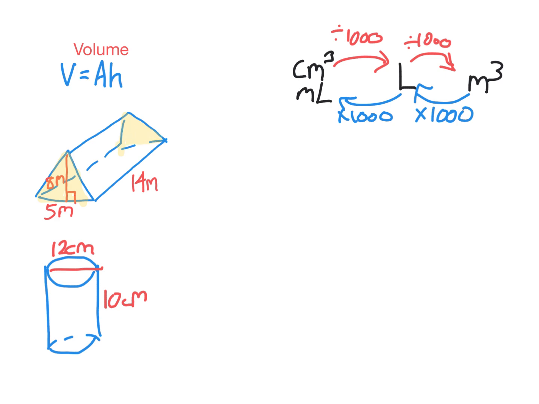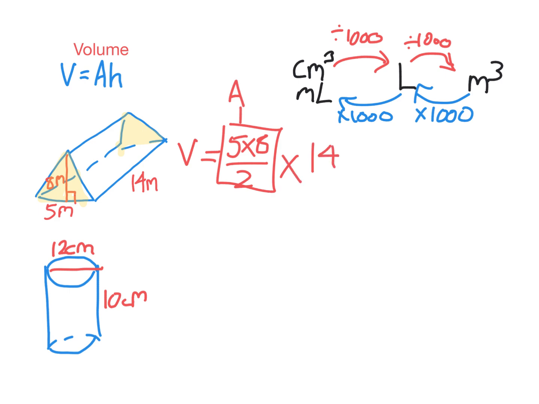So to find the volume of this triangular prism, I find the area of the base. Well, you know that the area of a triangle is 5 base times perpendicular height 8, and then you divide by 2. So that part here is A. That's the area of the base. When you're finding the volume, you just take that area of the base and you multiply by the height.